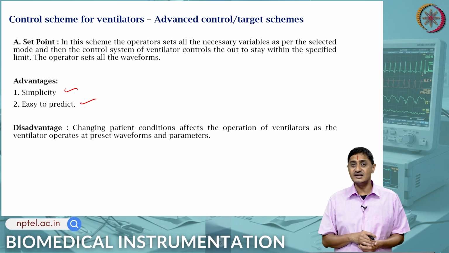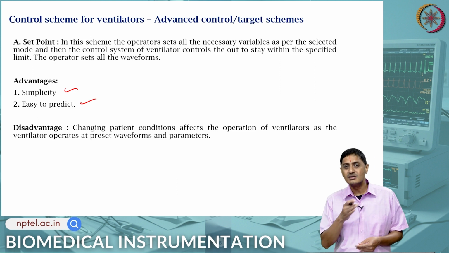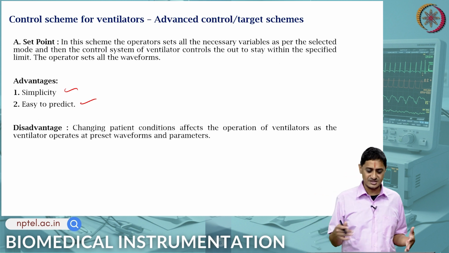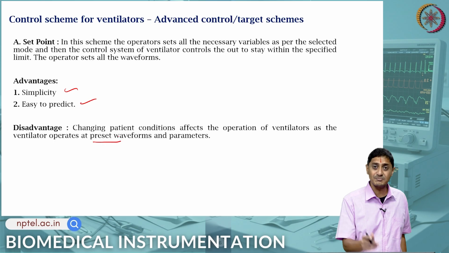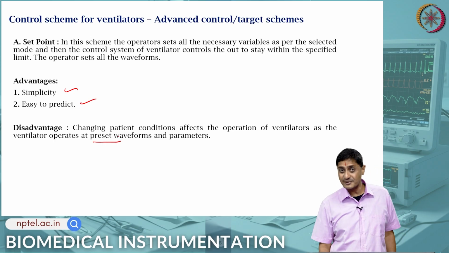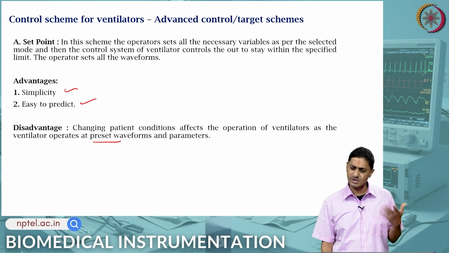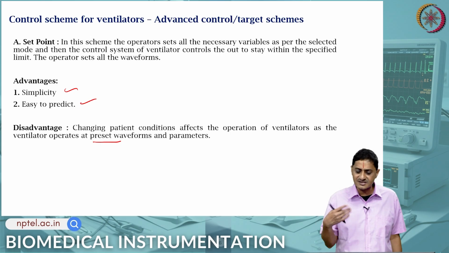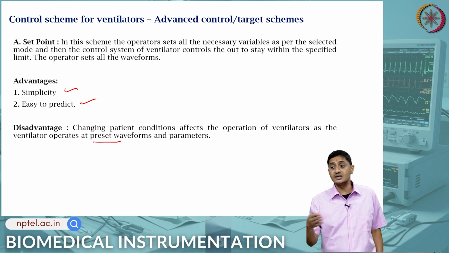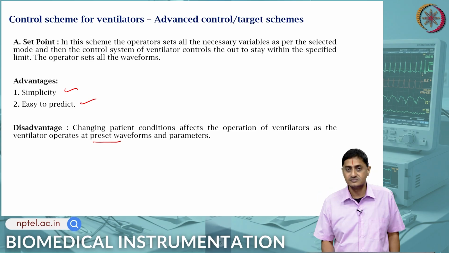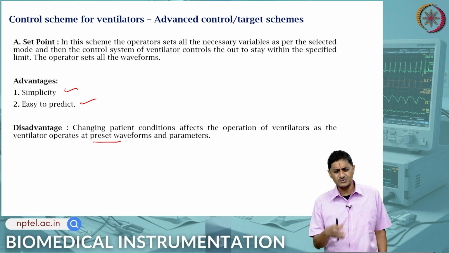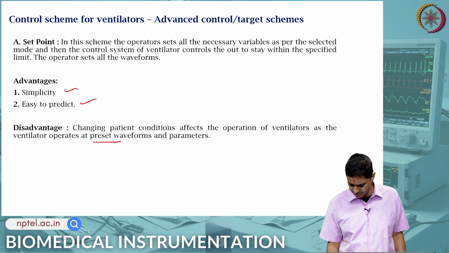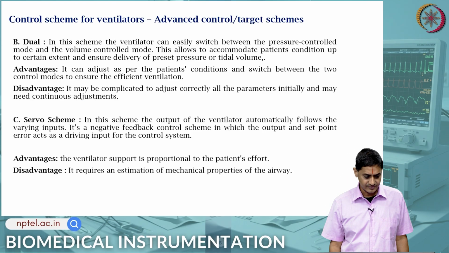So, operation of ventilators will not change depending on the patient's need, but will continue to function as per the preset values that are set by the operator. The patient condition may worsen or may improve, but the set point will not change depending on that. So, this means that the operator will have to periodically keep coming and checking, is this okay? Is this okay every half an hour once, 1 hour once, whatever, depending on the patient condition. So, that is one thing to keep in mind.